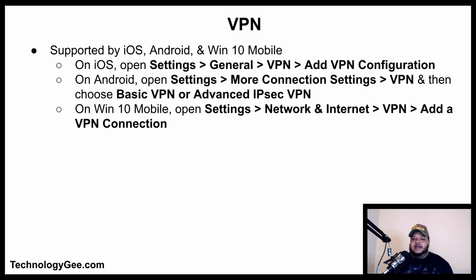To set up a VPN on an Android device, open Settings, More Connection Settings, VPN, and then choose Basic VPN or Advanced IPsec VPN. And then to set up a VPN connection on a Windows 10 mobile device, open Settings, Network and Internet, VPN, and add a VPN connection.